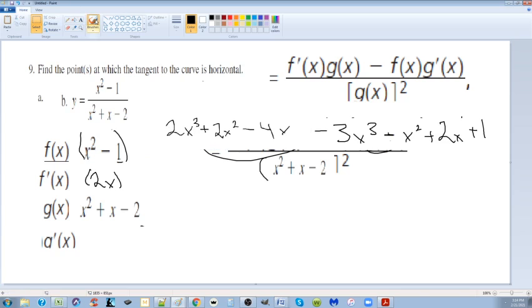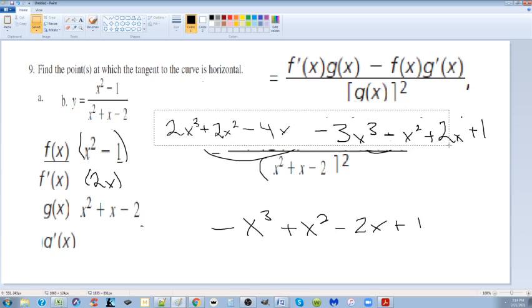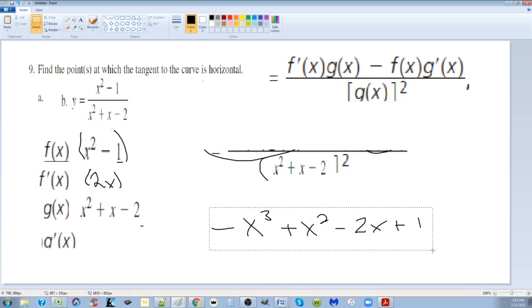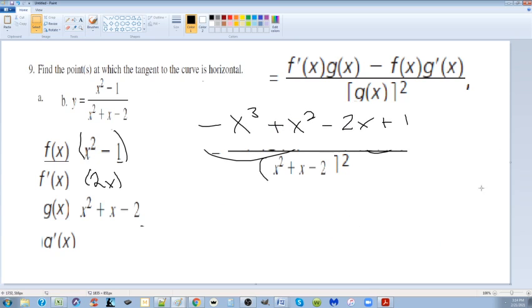Now, what like terms do I have? I have a 2x cubed minus a 3x cubed, so I have minus x cubed. I have a 2x squared minus an x squared, so I have a plus x squared. I have a minus 4x plus 2x, so I have a minus 2x, and then I just have a plus 1, which means my entire thing, by the way, this would be the third line or the fourth line, and you show your work as you go along, especially since you can spot mistakes.